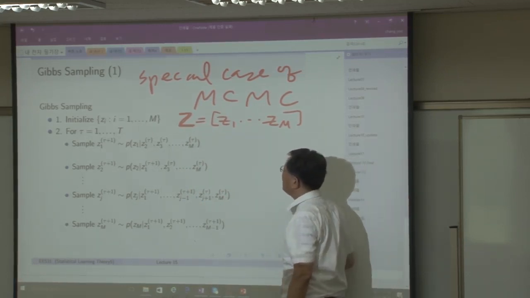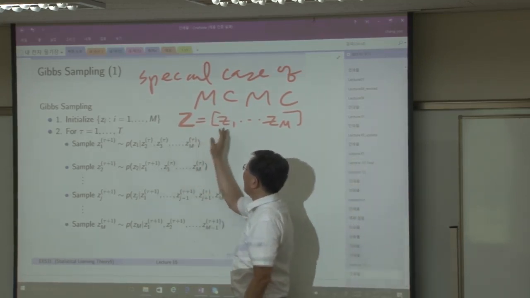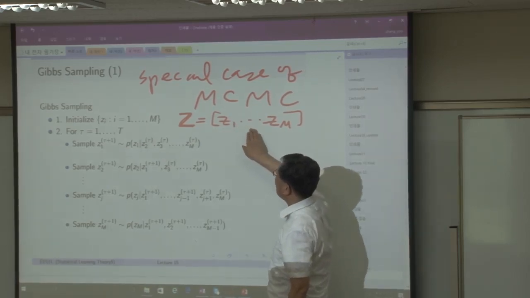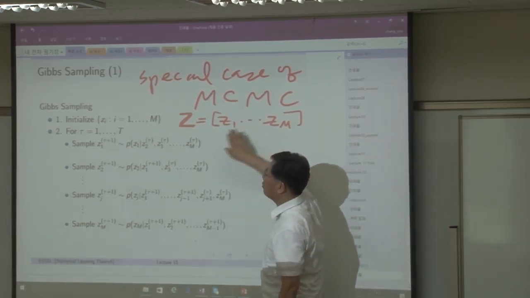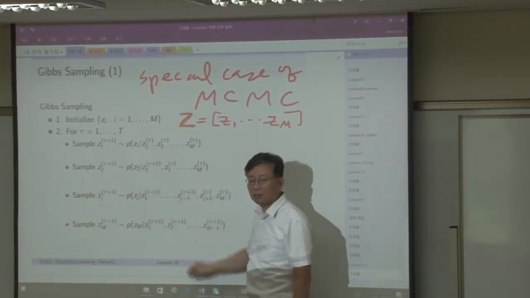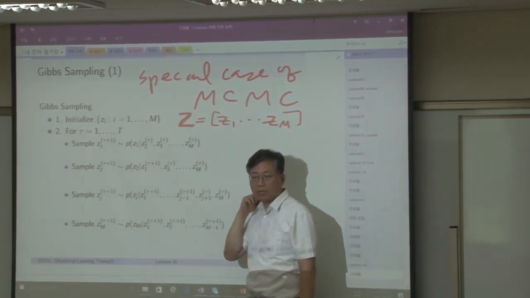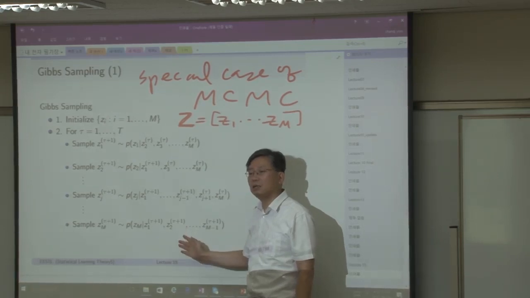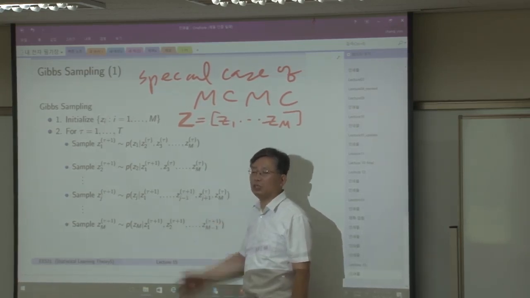And the way I do it, I sample each dimension from the conditional probability of that dimension. Okay? This is it. There's no rejection here.